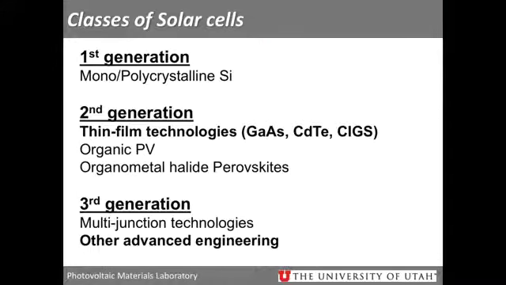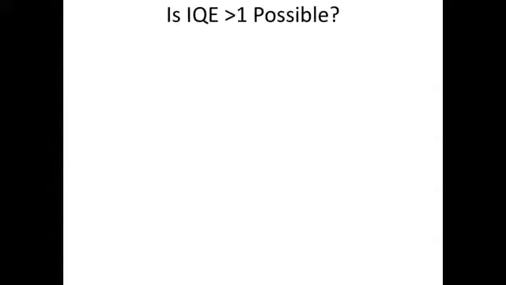So some other advanced engineering techniques that I wanted to talk about. One is, is it possible to push quantum efficiency past 1? What would that mean? Have like a feedback loop, some sort of electron avalanche.